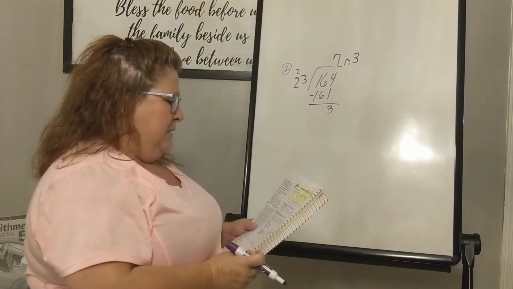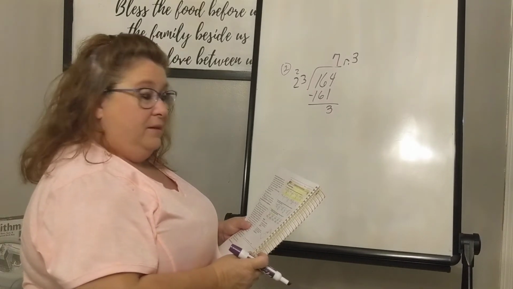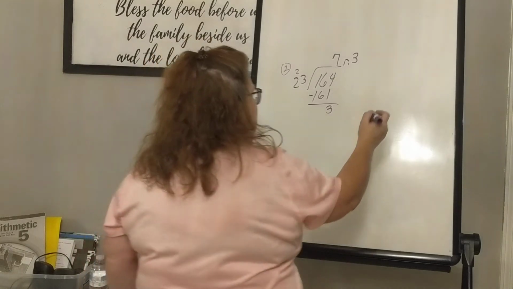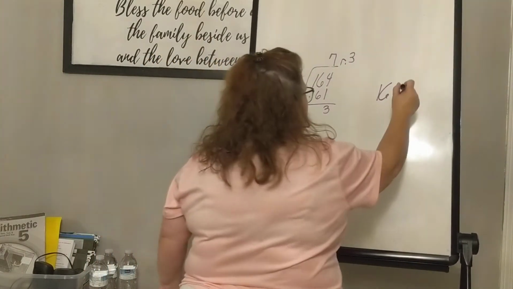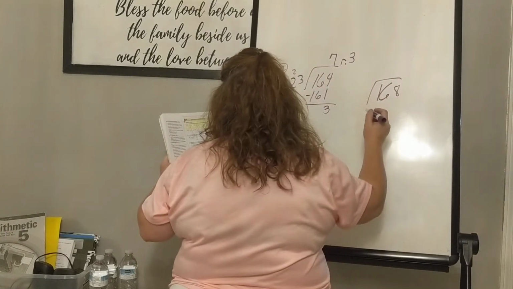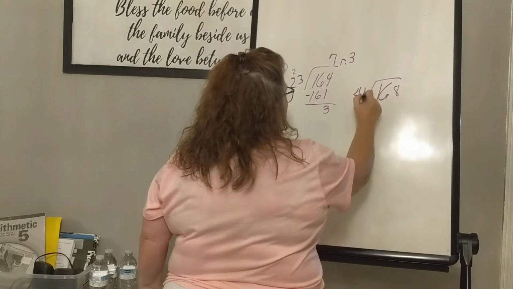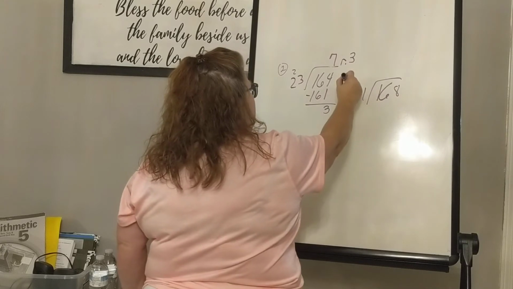Okay? Letter B. Let's see if Ms. McDermott can get this one right. We have 168 divided by 41. My board is broken. Our pretend digit we're dividing by is 4.